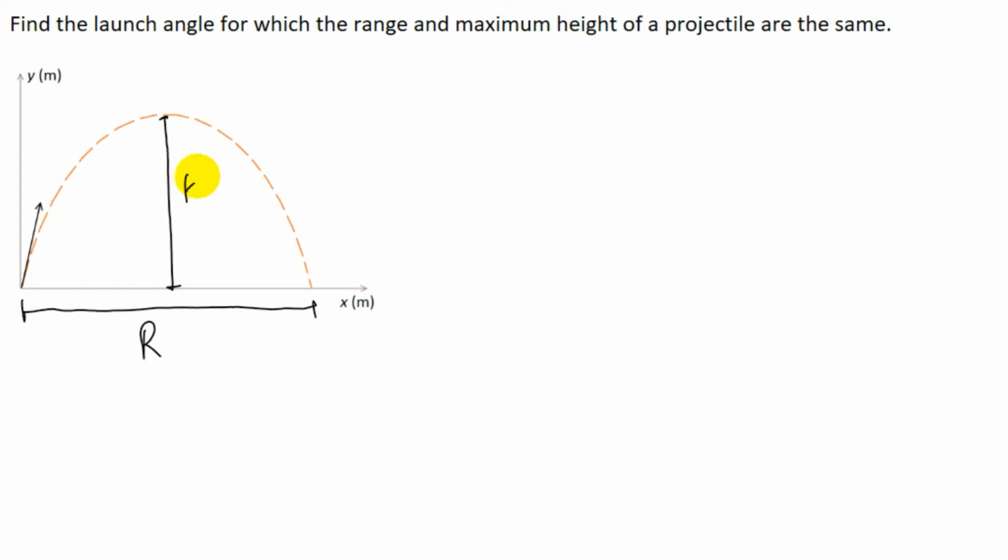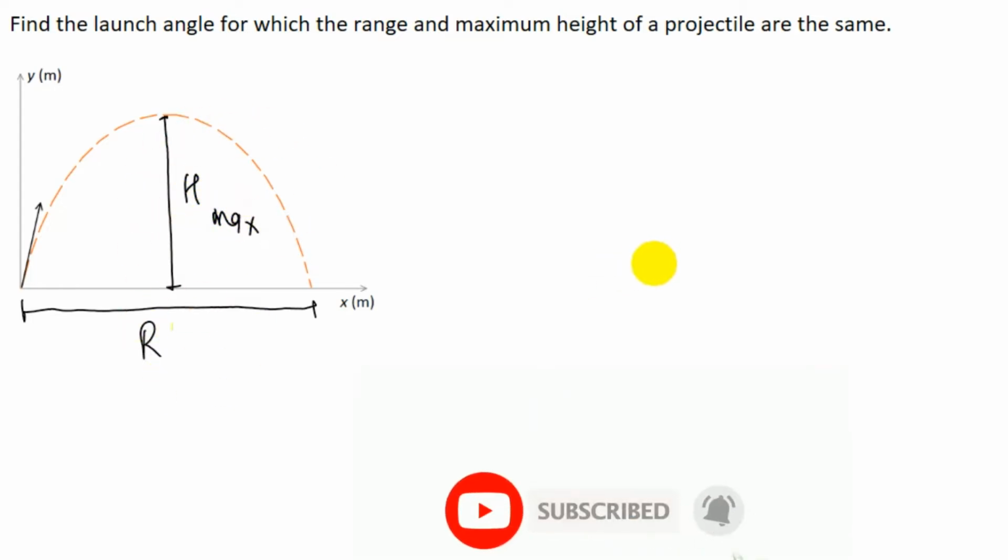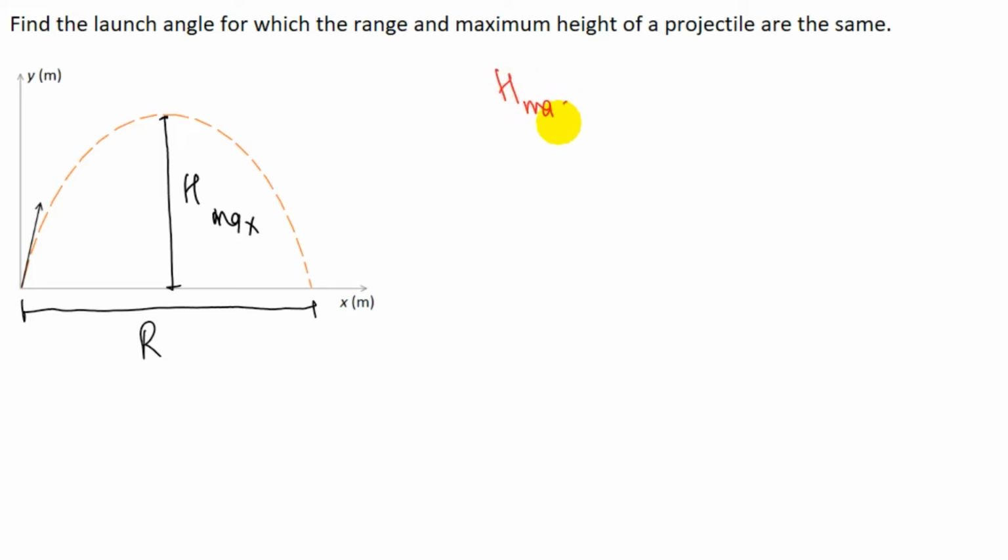Now in our previous videos we derived the formulas for the maximum height and the range, and if you haven't seen those videos, please go and see them first. Okay, so h max, we derived this formula to be equal to v0 sine theta whole square divided by 2g, and this formula is valid only when the initial and the final positions of the projectile are the same.